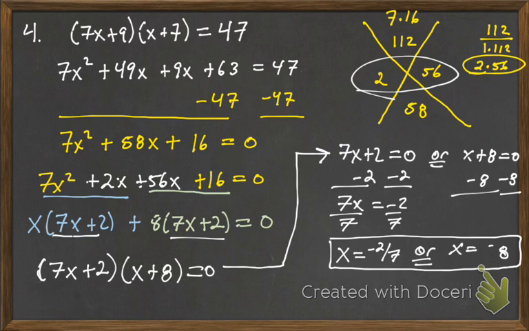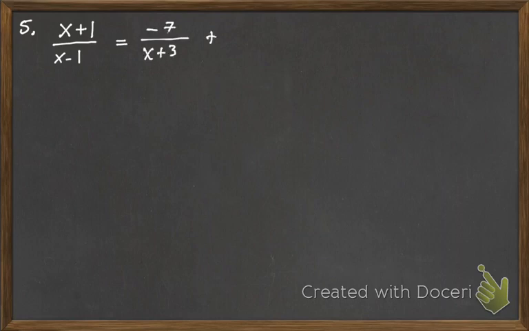Okay, the next one we're going to look at is a rational equation. We're going to have rational expressions on both sides of the equation. So x plus 1 over x minus 1 equals negative 7 over x plus 3 plus 8 over x squared plus 2x minus 3.